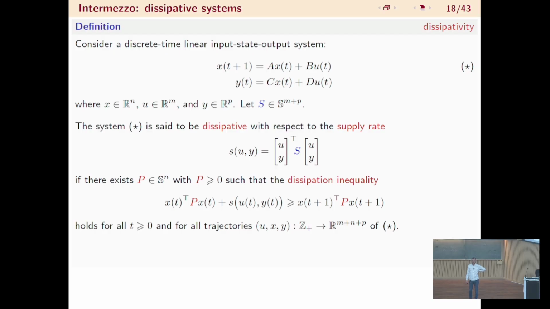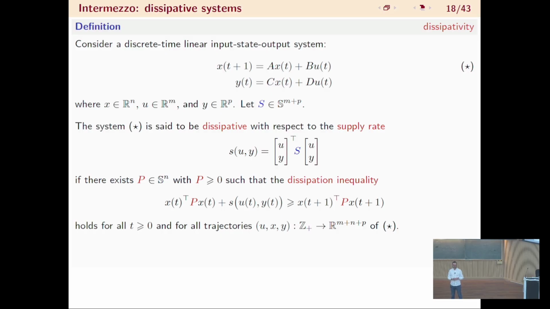So this is a bit of a mouthful definition, and it seems to be also a mathematical definition. There is no obvious reason why I look at this property. But there is actually a very good reason. This supply rate is a quadratic one.